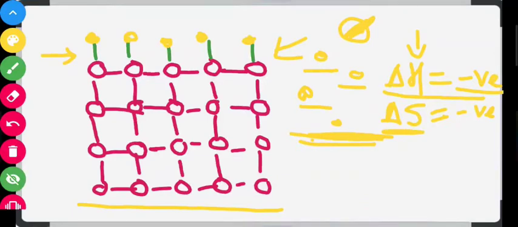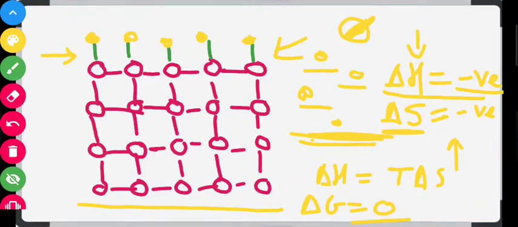Eventually delta H and T delta S become equal, and that's why our delta G will be 0 at that time, and after that point we can say that equilibrium is attained because the full surface is already covered.